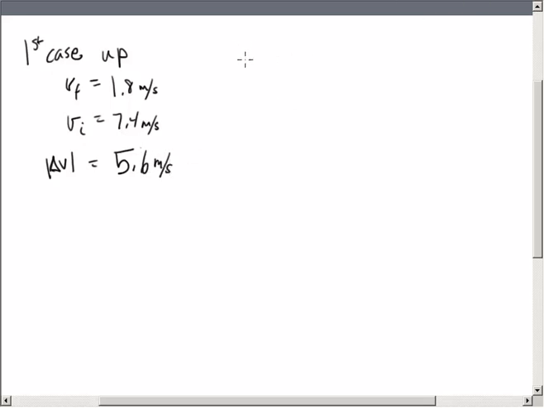In the second case, we had vf equal to 9.8 meters per second, the initial equal to 7.4 meters per second.